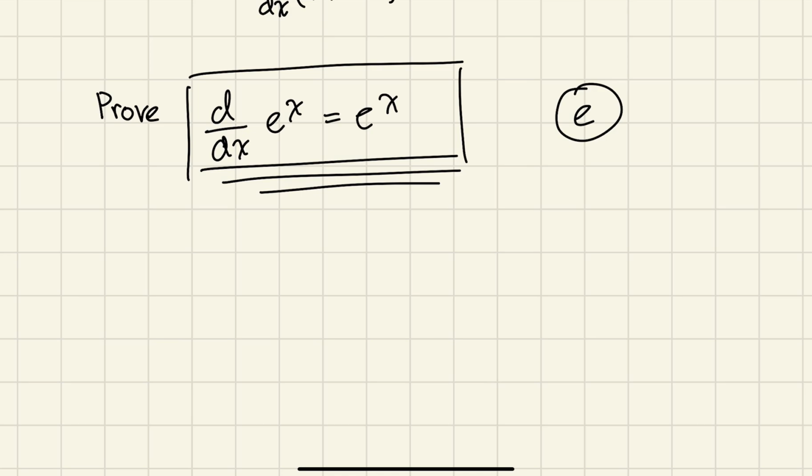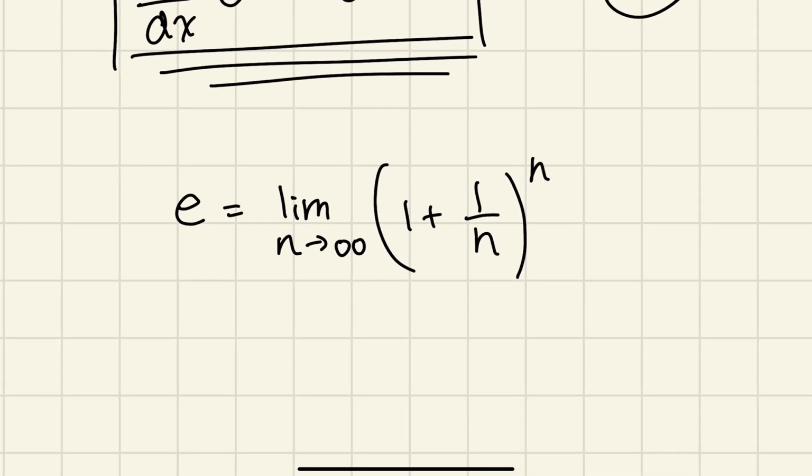Okay, so let's start with the first step, which starts with a definition. So we know e, this is just by definition, equals the limit as n approaches infinity of (1 plus 1 over n) all to the power of n.